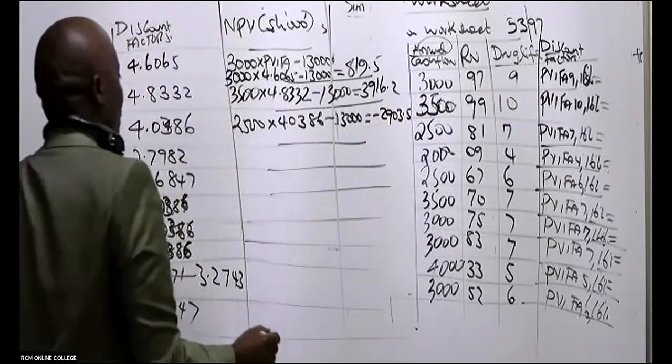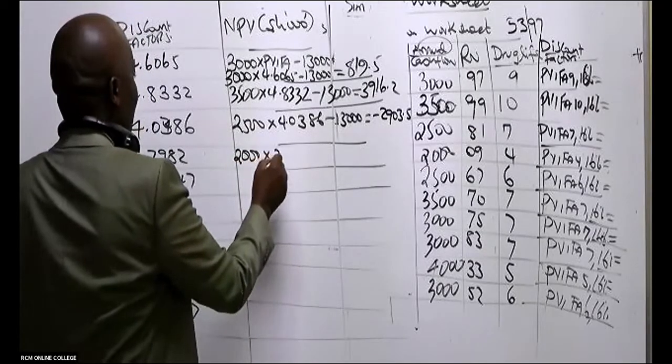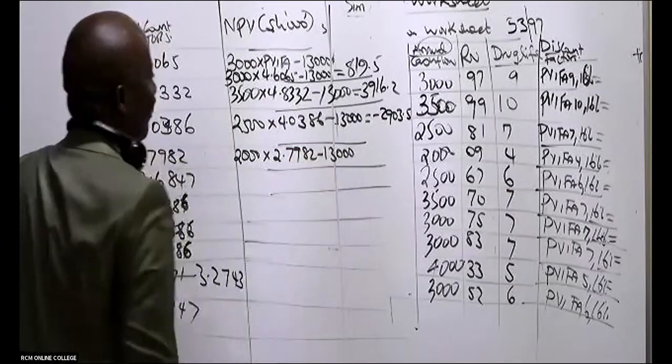All right. So we're almost there. The next one is a cash flow of 2,000 times 2.7982 minus that 13,000.